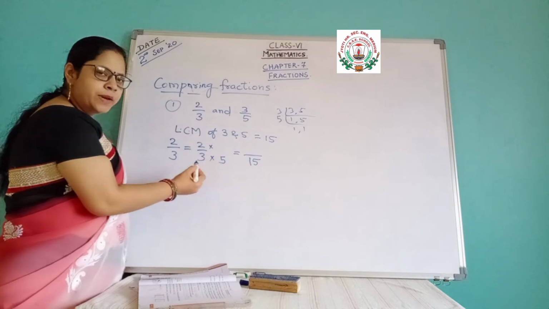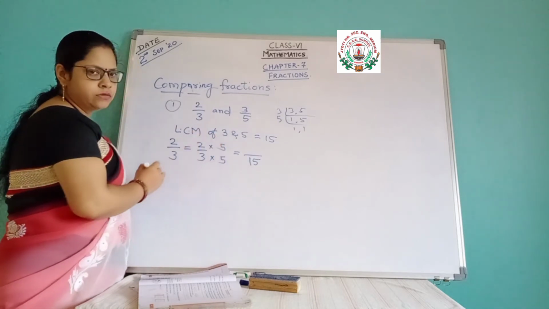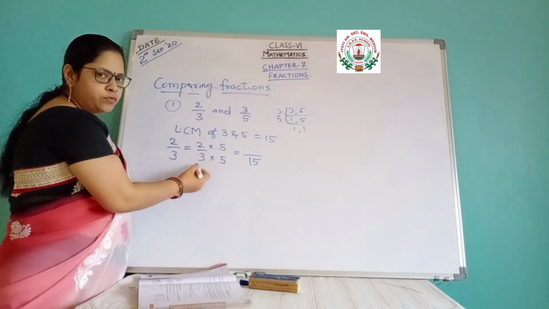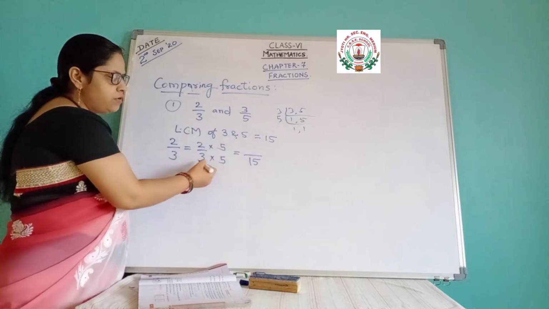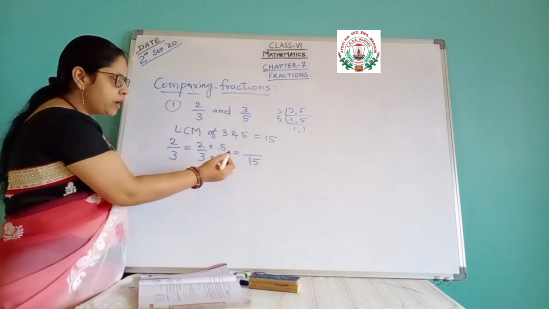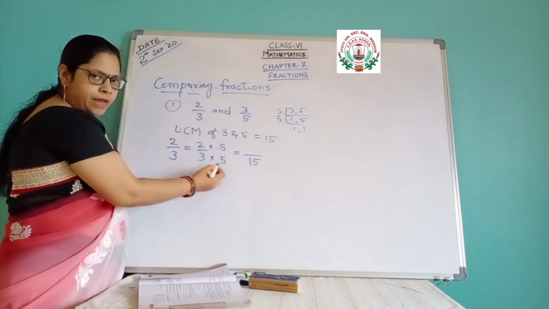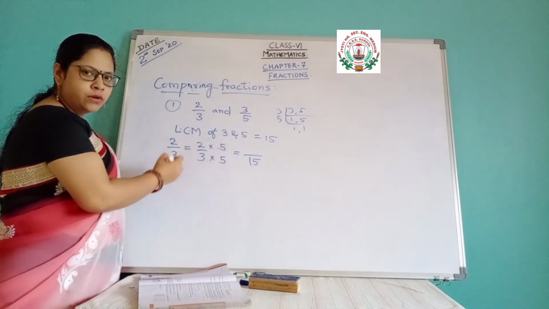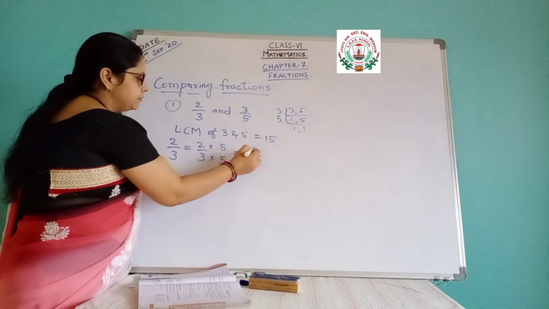What you multiply in the denominator, the same thing you have to multiply for the numerator also. Again repeating, this denominator 3 you have to convert to the LCM, 15, by multiplying by 5. So what you multiply to the denominator, the same you multiply to the numerator: 5 2s are 10.